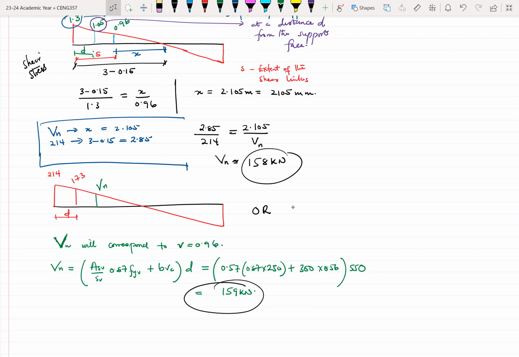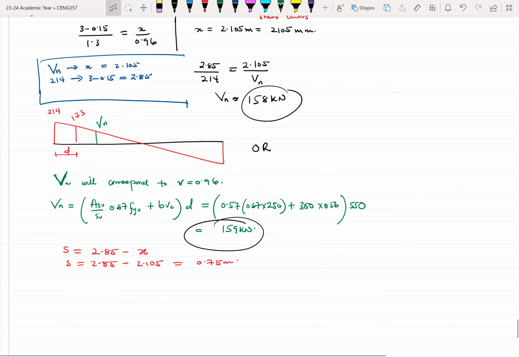So simply S will be equal to 2.85 minus X. All right. So it becomes 2.85 minus 2.105. And this should give me 0.75, or approximately 0.75 meters.